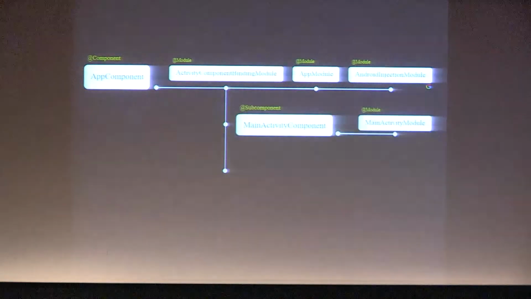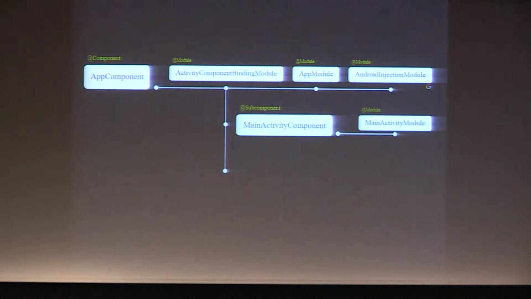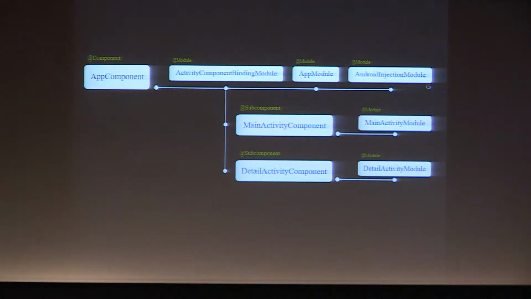So for activities, fragments, and so on. So this module will first declare one subcomponent for our main activity, that will itself have one module, the main activity module, and the same thing for detail activity. So we keep it simple here, one main activity, one detail activity. So each component has one module. So this is our graph of dependencies, and we keep it fairly simple for this topic.